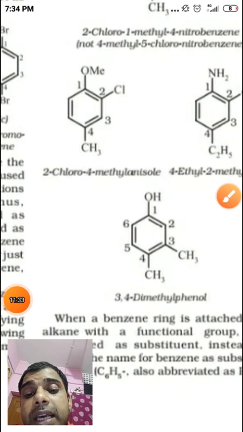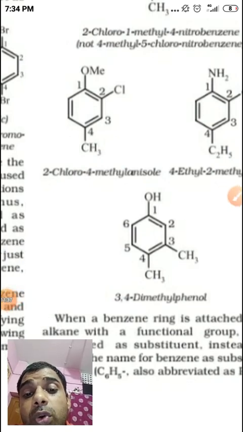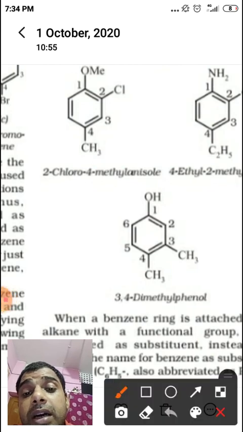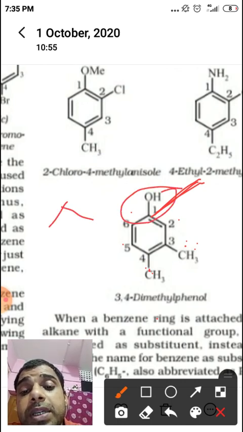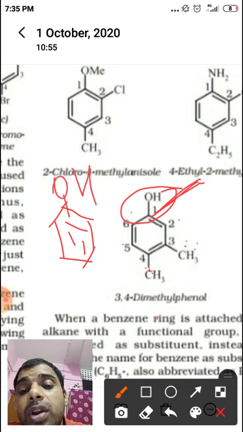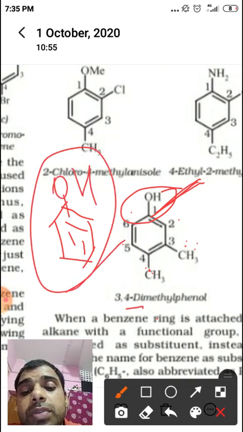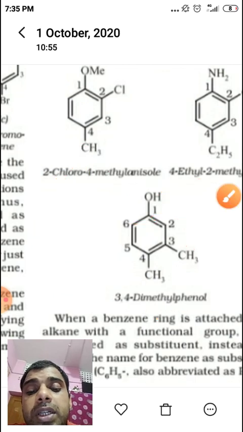And then this is the last one, you can see methyl is there, alcohol is there, then we will give the priority to alcohol. 1, 2, 3, 4, 5, 6, and you can see 3, 4 dimethyl, and this OH, if it is present on benzene, then it is called phenol. So 3, 4 dimethyl phenol would be the name.